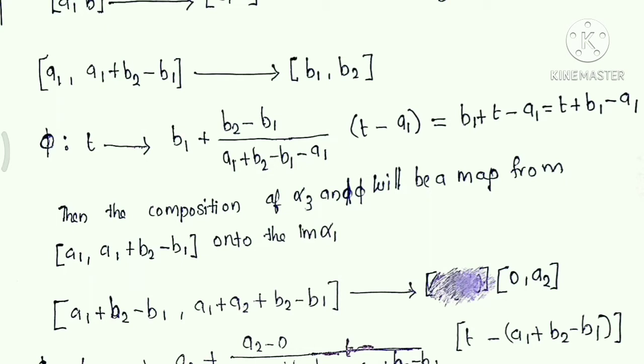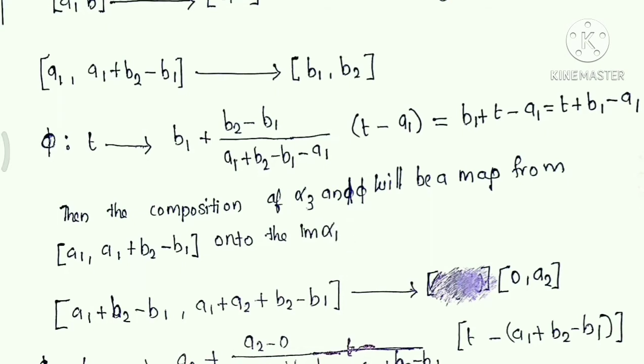Then the composition of alpha 3 and phi will be a map from the closed interval A1, A1 plus B2 minus B1 onto the curve alpha 3. Here it is alpha 3.